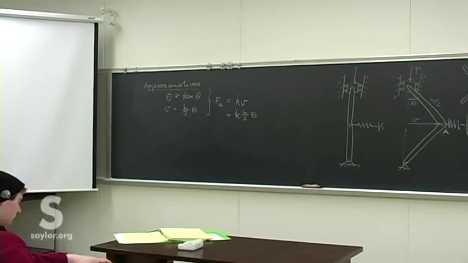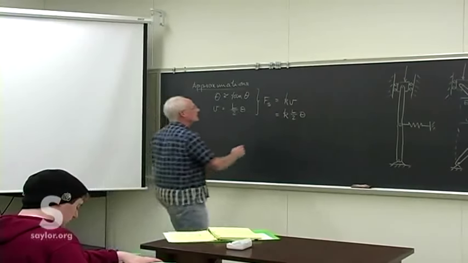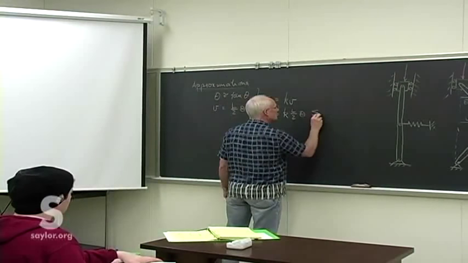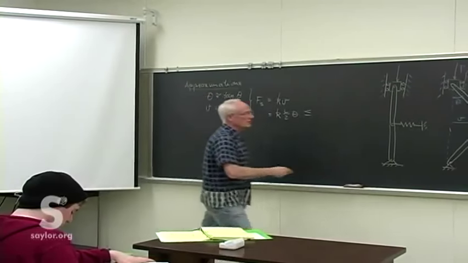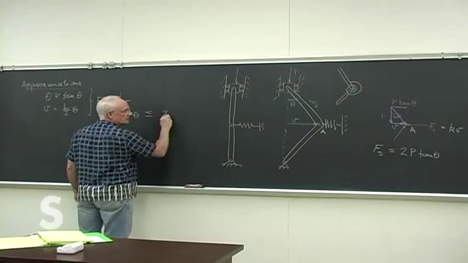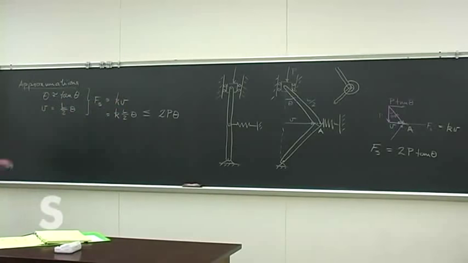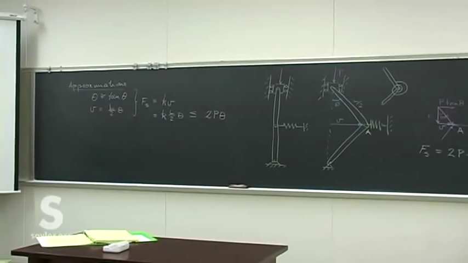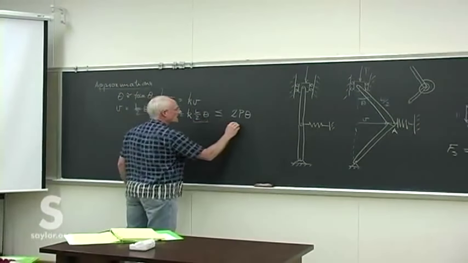Now we want that to be less than or equal to the actual force that we calculated would be the restoring force, which is 2P theta. That's using both approximations there for small angles.